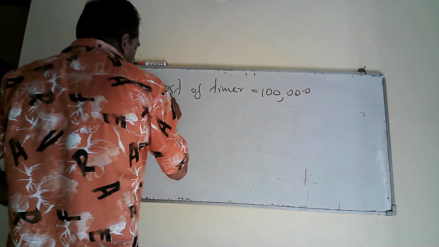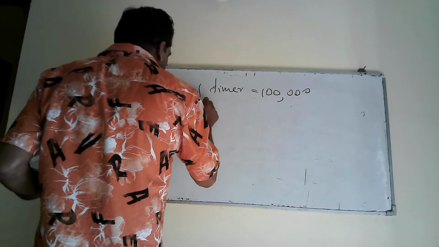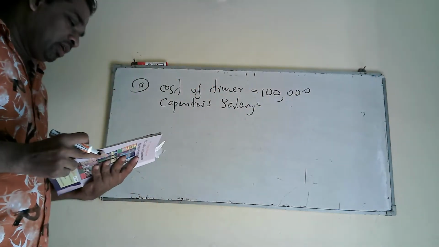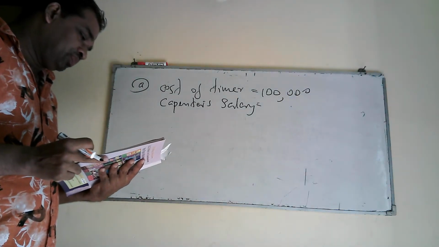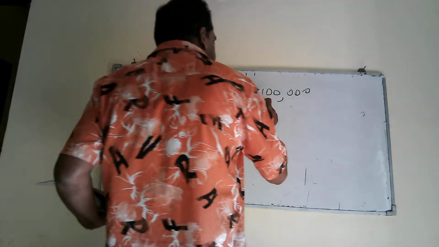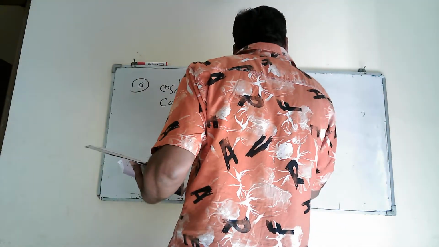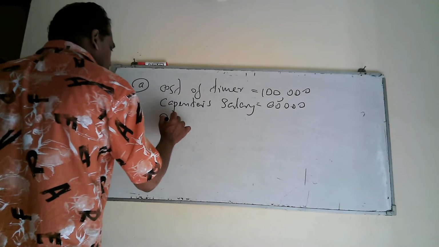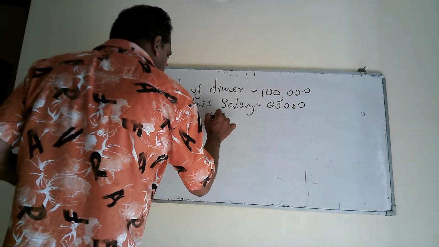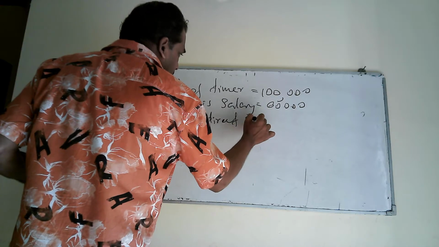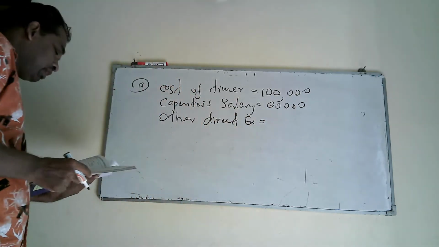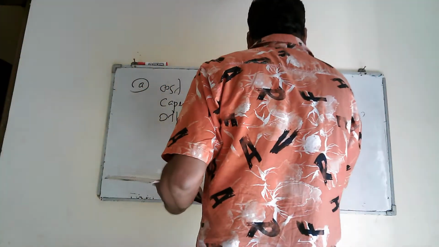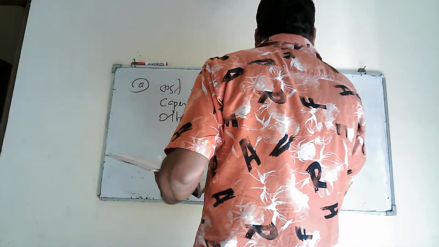Then carpenter salary. Carpenter is given another 60,000. Other direct expenses. We are not given the type of other direct expenses. We can just mention 17,500. Right.